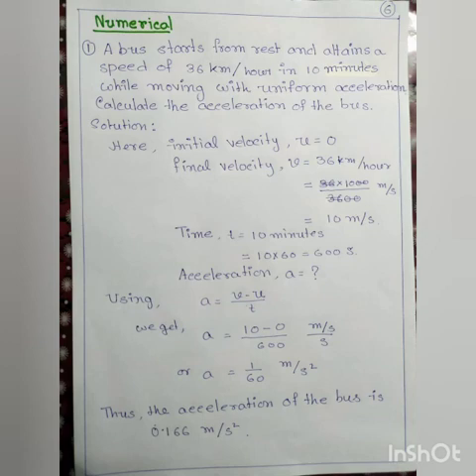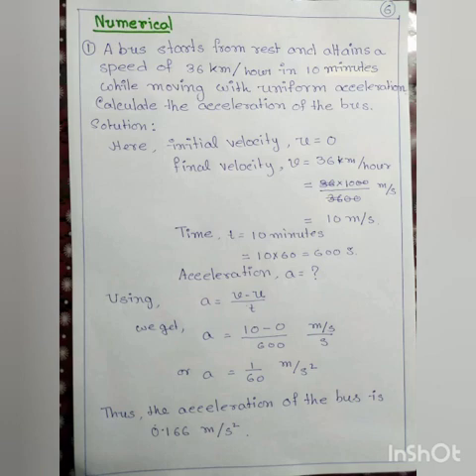Always, if any value is given in any other system, we have to convert the unit into SI system. Here kilometer per hour we have to convert into meter per second. Kilometer we multiply by 1000, it becomes meter, and 1 hour equals 3600 second. So we substitute the value and get v equal to 10 meter per second.